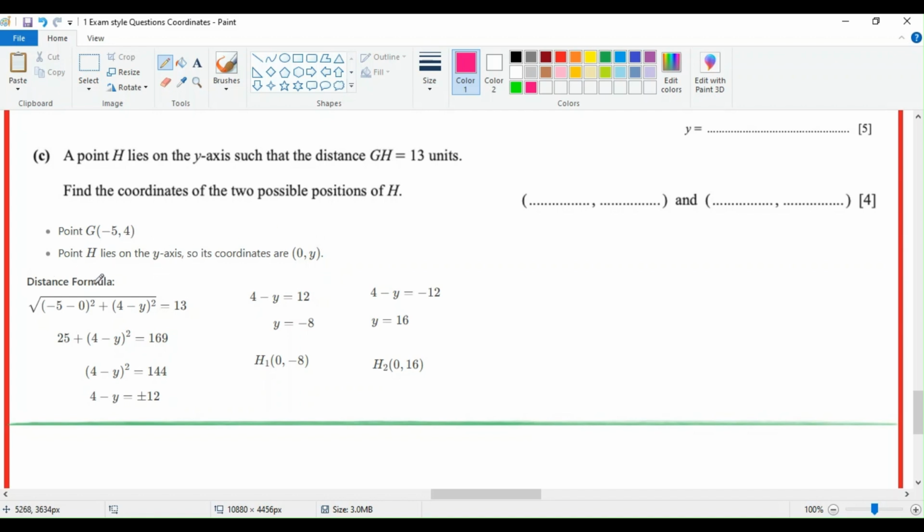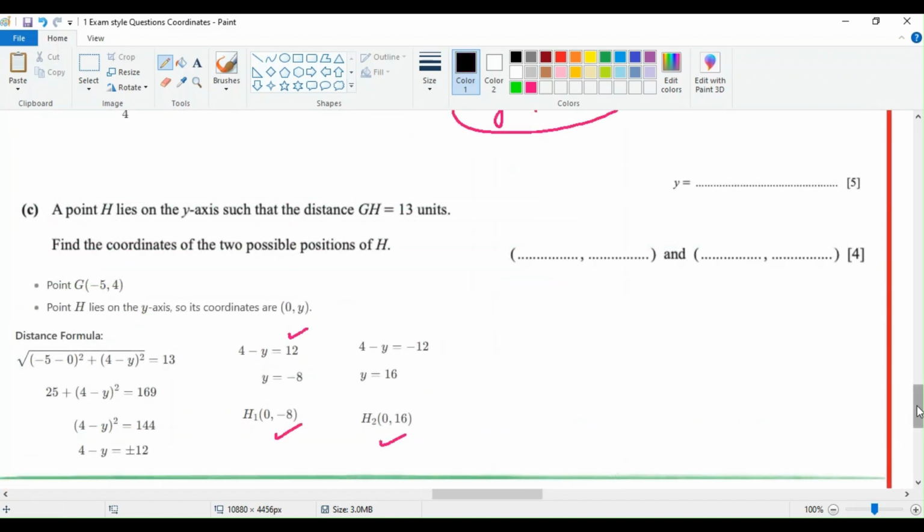Here, using the distance formula, (-5 minus 0) squared plus (4 minus y) squared equals 13 squared. The distance is already given. Once we solve all this, we know that 4 minus y equals plus or minus 12. Once we take it as plus 12, we get y equals -8. And once we use negative 12, we get y equals 16. So these are the two possible positions where H can lie.